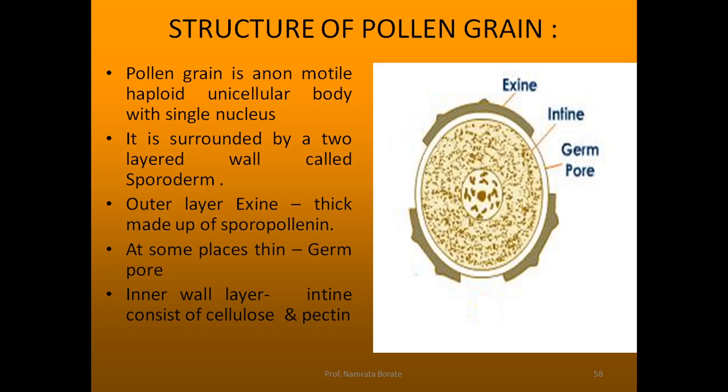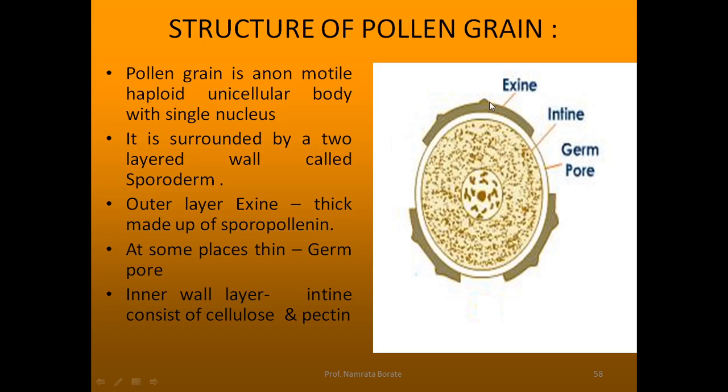At some places, exine is very thin. Those thin areas are known as germ pores. During the germination of pollen grain, the pollen tube emerges from the germ pore region.